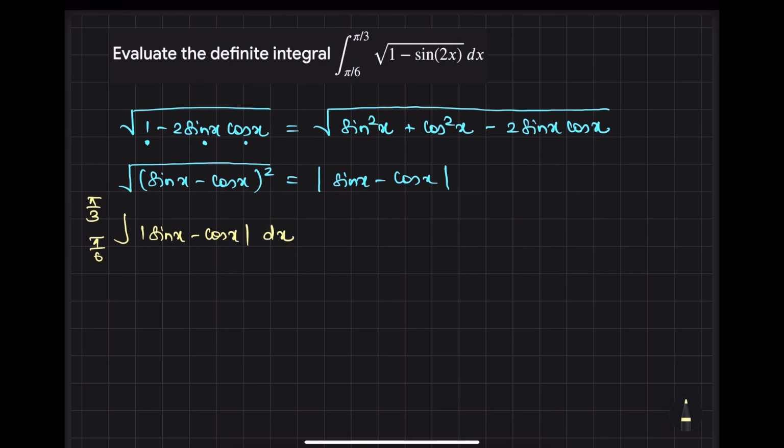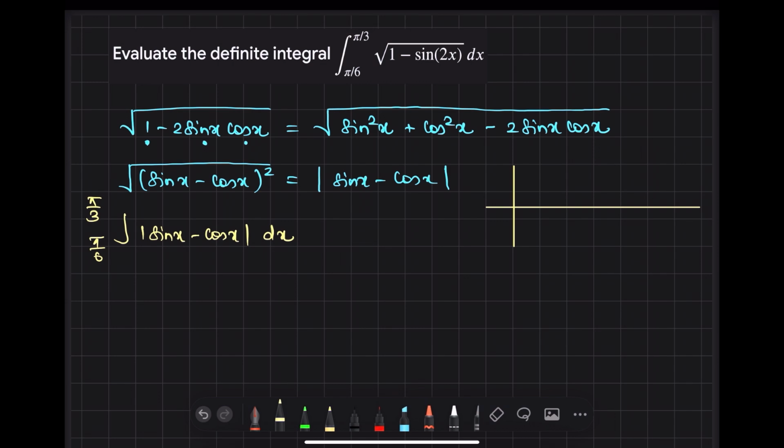So first let's draw the graph of sin x and cos x in the given range. Suppose I am drawing the graph of sin x. The graph of sin x is this, right?